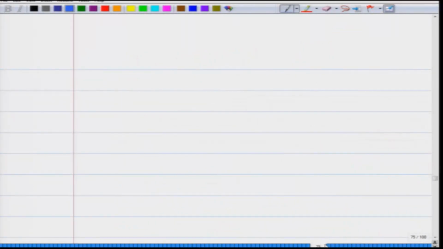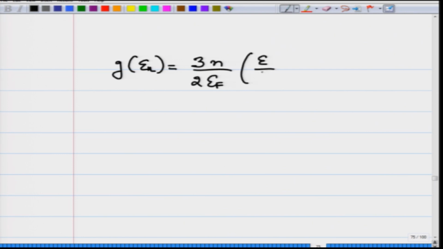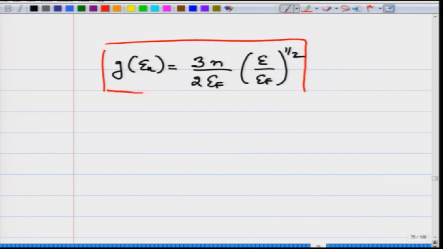So, you can rewrite this and you can get an expression for G(E_k) equal to 3n by 2 E_F, E by E_F raised to half. This is the expression for the density of states as a function of energy.